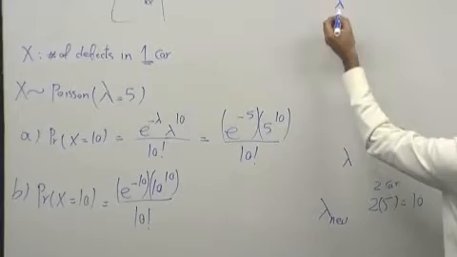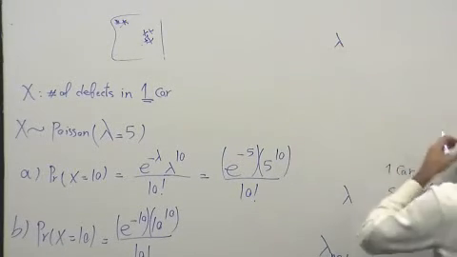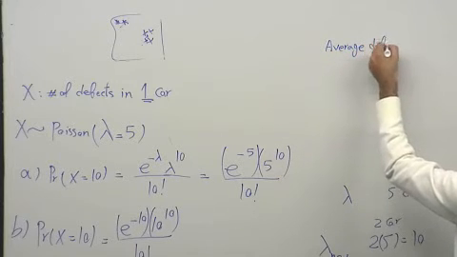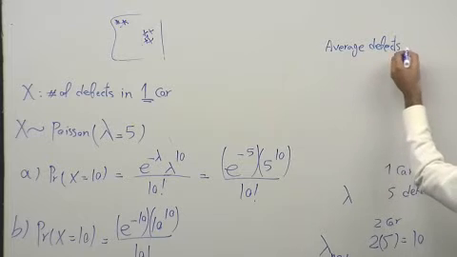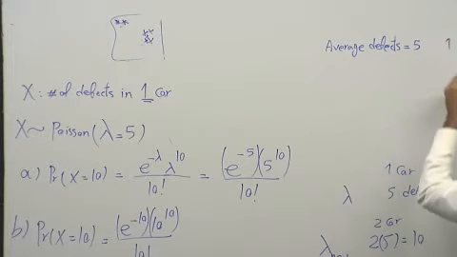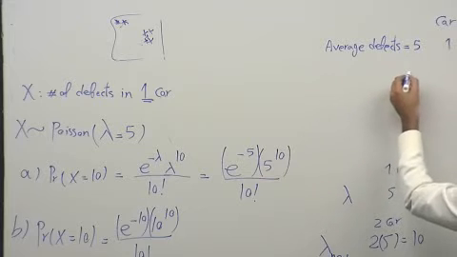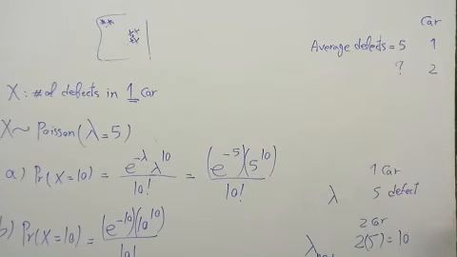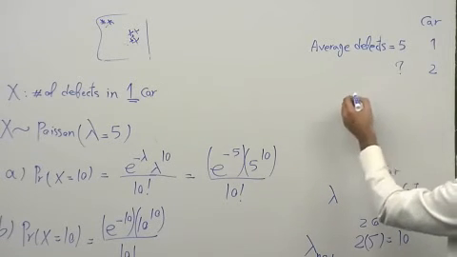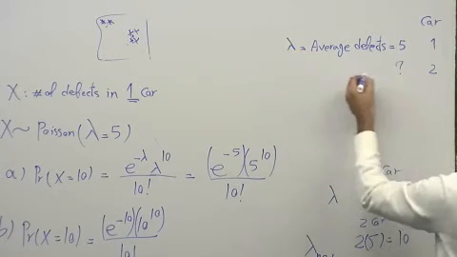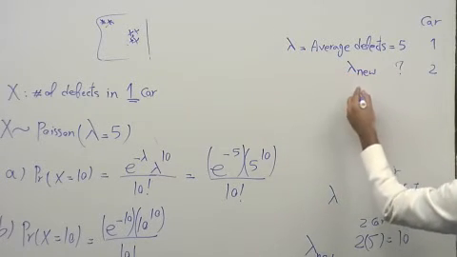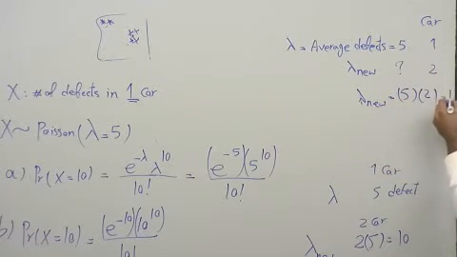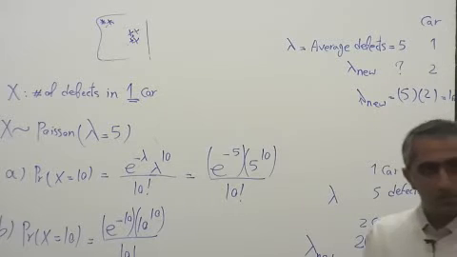Lambda, or average defects, is 5 for one car. And what is it for 2 cars? It's basically linear interpolation, so it's going to be 10. This is lambda, and this is called lambda new. So your lambda new would be 5 times 2 divided by 1, which is 10. Does it make sense?